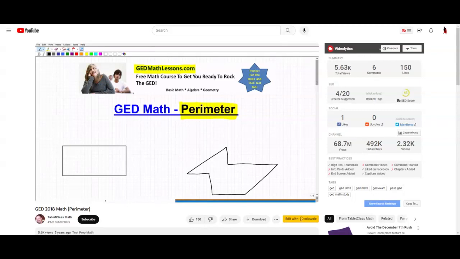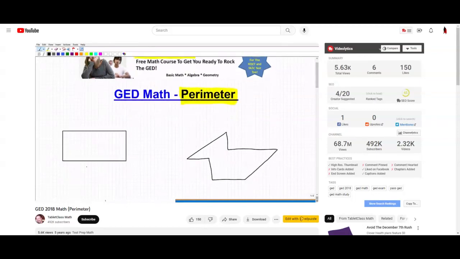Okay, so perimeter is effectively just the distance around something. So let's suppose I have this square. Let's say this is a soccer field or a football field, and I wanted to measure all around the entire length of the field.